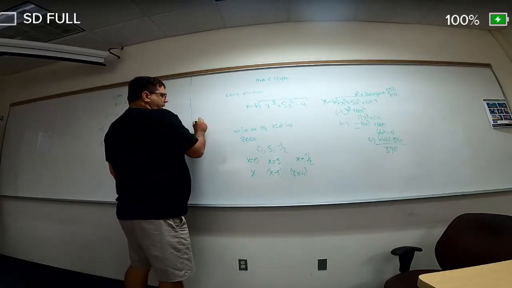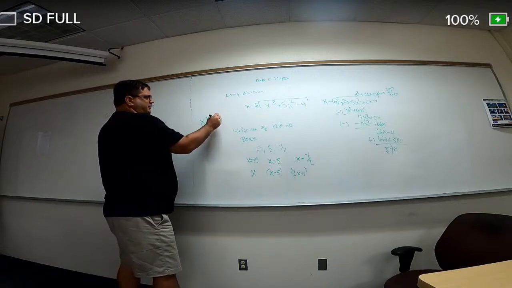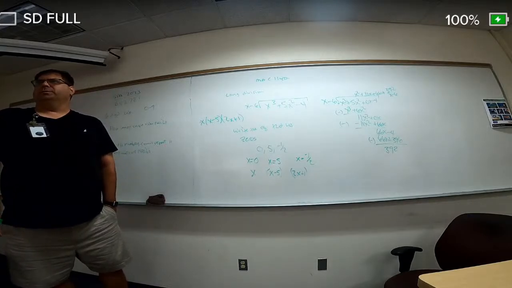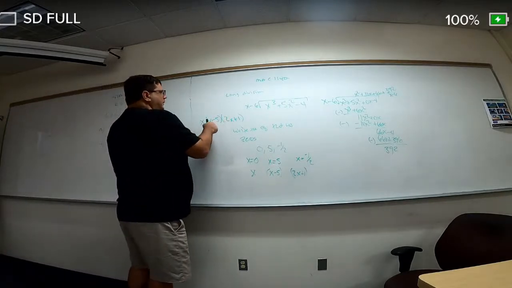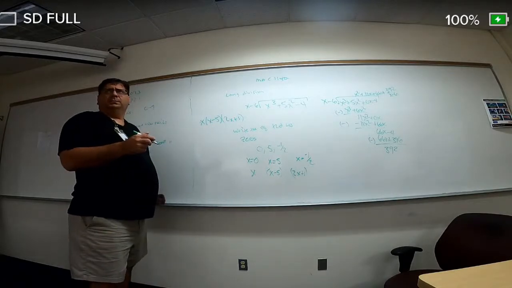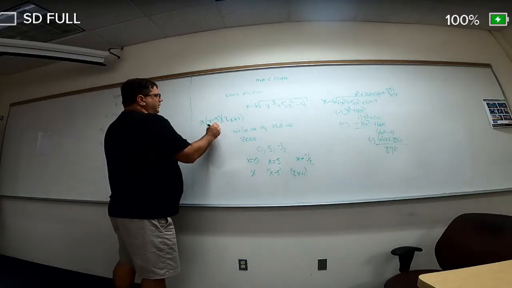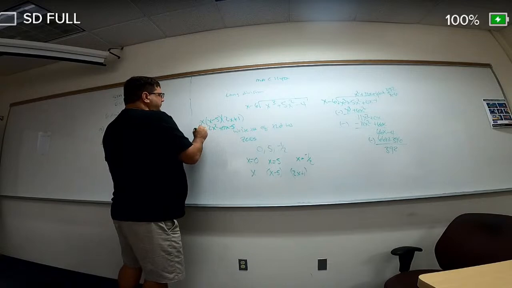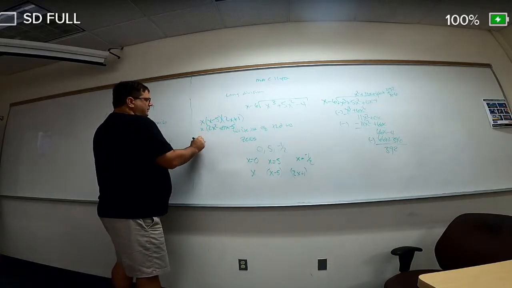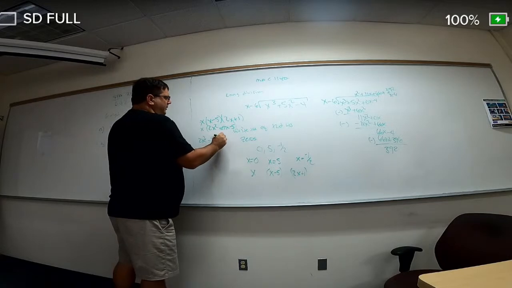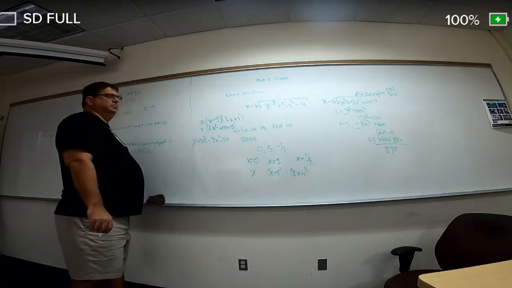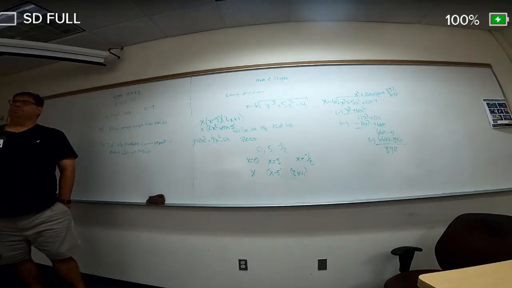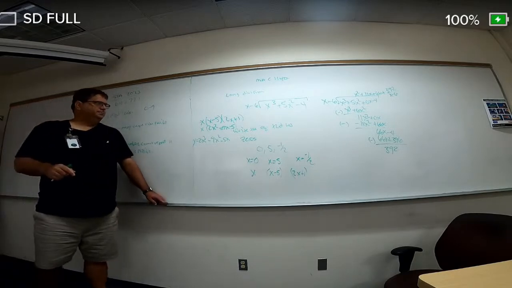So what you have is x minus 5, 2x plus 1. That's not too hard. All you got to do is distribute. 2x squared minus 9x, minus 5, times x. 2x cubed minus 9x squared minus 5x is the equation.